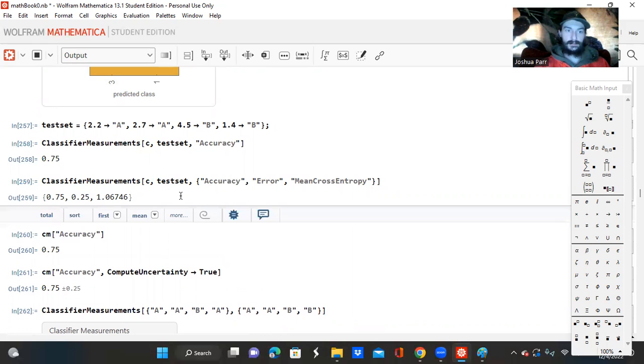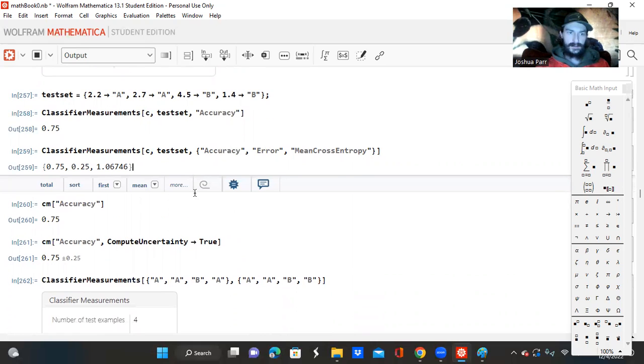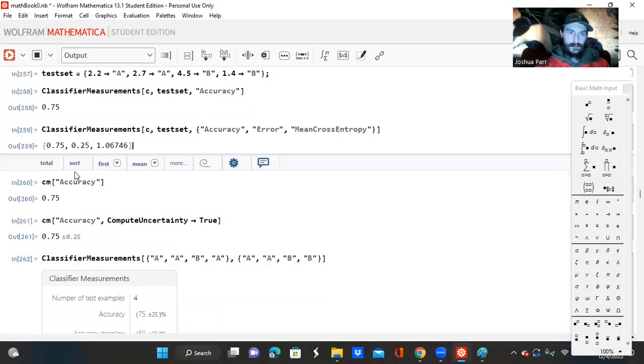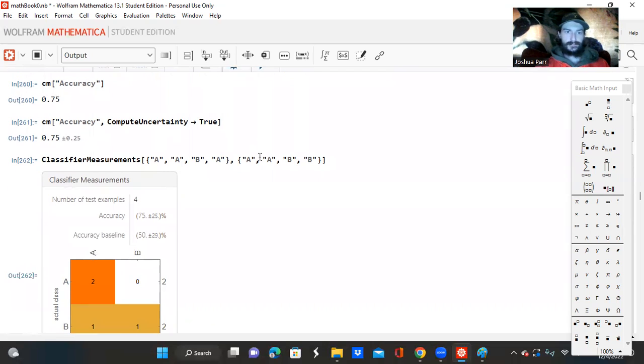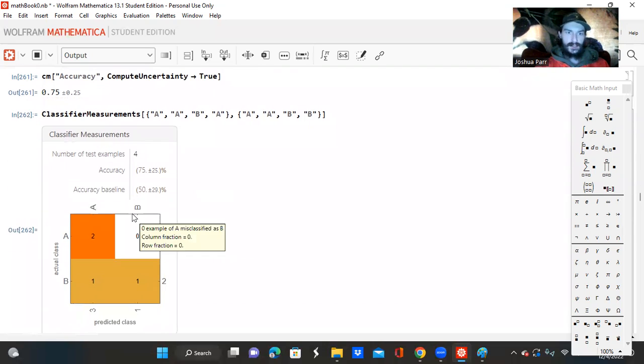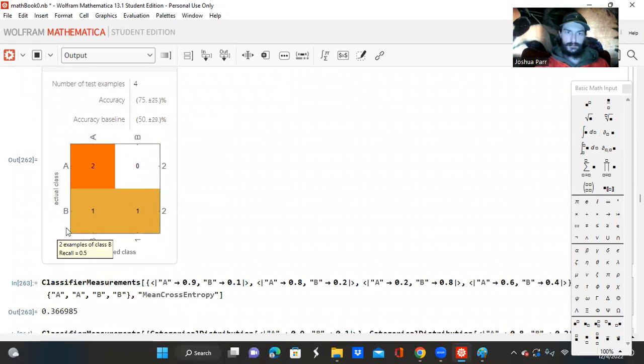And you get it all in the same answer there. Easy way to do that there is this accuracy. And you can compute the uncertainty of the accuracy. Another classifier measurement, straight up.